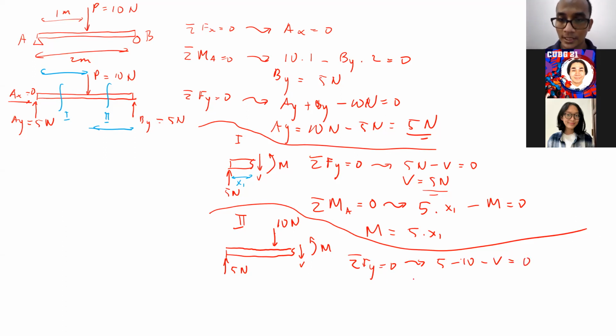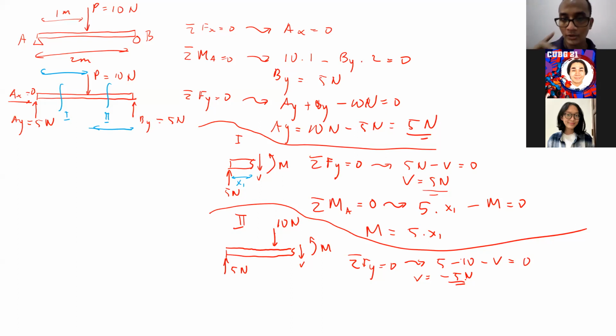So our V here will be equal to what? 5 Newton, sir. Are you sure it's 5? Positive or negative? Don't forget the sign. I think it's negative, sir. Minus 5 Newton. Please don't forget about the sign, because positive and negative will be very different.